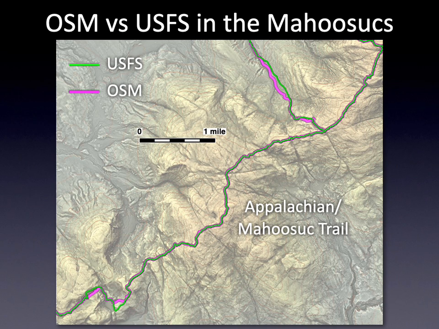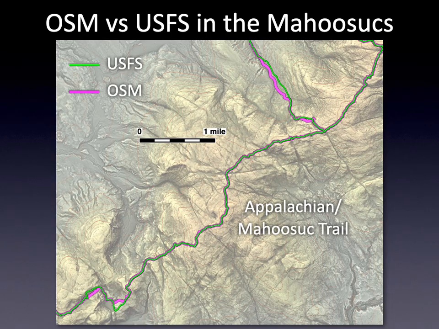Here's an example of OpenStreetMap trails versus U.S. Forest Service trails in the Mahoosic Range along the New Hampshire-Maine border, showing you both the Appalachian Trail, which coincides with the Mahoosic Trail in this area, as well as the Carlo Cole Trail up to the north here.